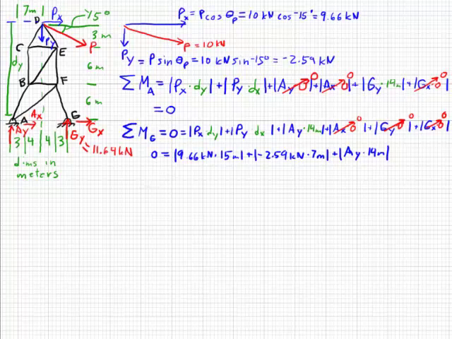And again, we need to look at the directions for each of these moments. For the 9.66 kilonewton force, that's Px, going around point G, it goes in this direction, so it's clockwise. That makes it negative.